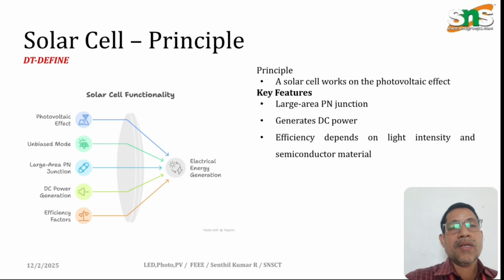The third one is the solar cell. The principle is the photovoltaic effect, and it is in unbiased mode. A large area PN junction is required for generating electrical energy, and the nature of the electrical energy generated here is DC, direct current.